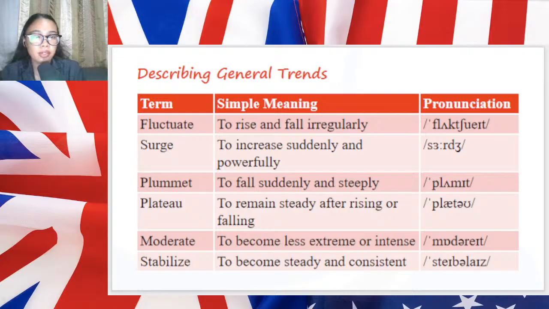Pronunciation wise, there's only one syllable. So it is a one-syllable word. Surge. Since it's only one syllable, we break down the sounds in it. We start with the hissing sound. So you start here with a clear S sound.